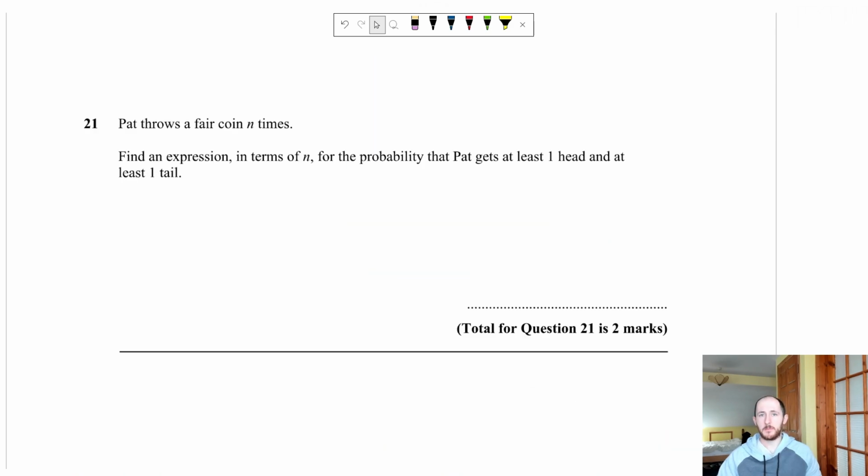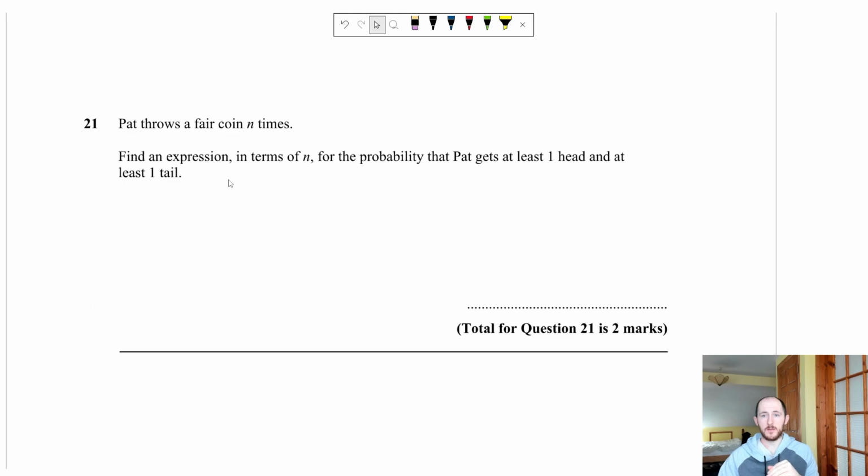So here we come on to probability. However, this probability is quite tricky, because if you look, it says Pat throws a fair coin n times, find an expression in terms of n. So they haven't actually given us anything to do with how many times we throw it. They just say it's thrown a certain number of times. So we need to work out the probability that Pat gets at least 1 head and at least 1 tail.